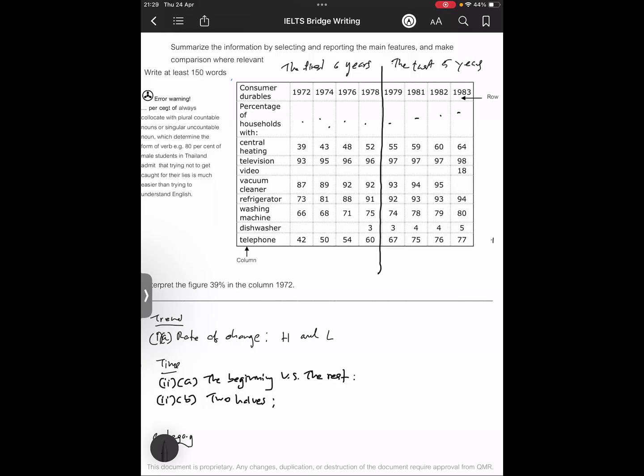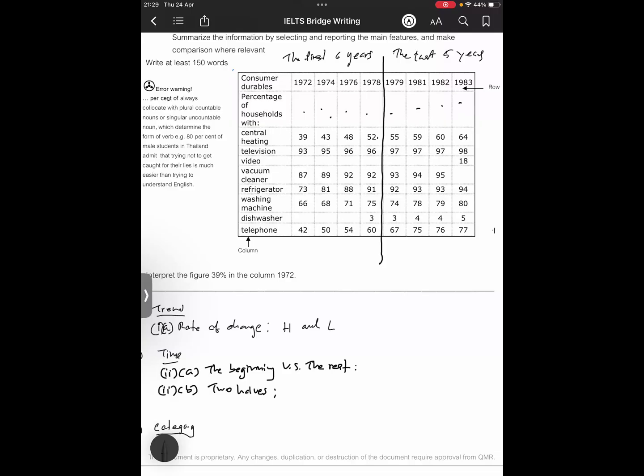Because when you say central heating went up from 39 to 52, you then have to say from 1978 at 52 to 1983. So that's 5 years. All right, so that's the first 6 years, and then the last 5 years.